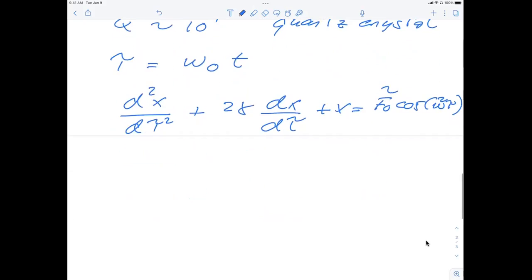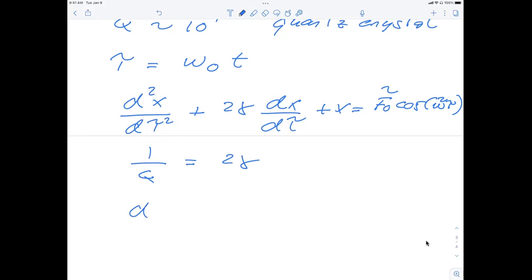And now with Q equal to this parameter omega 0 divided by 2 beta, you can actually show that 1 over Q is equal to 2 times gamma. It's actually pretty easy to show that by just combining these parameters.